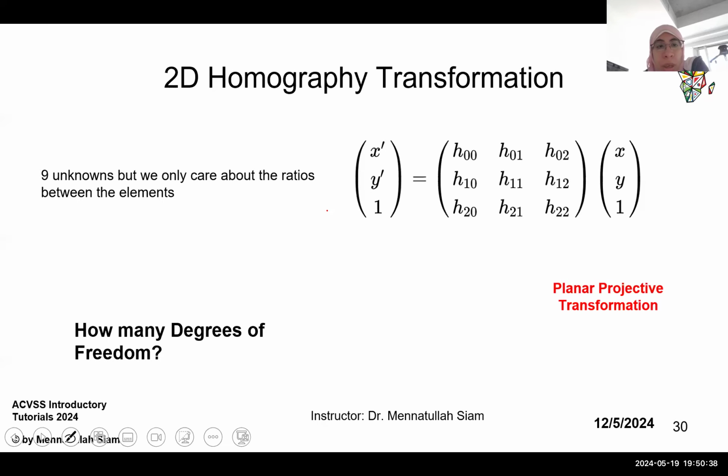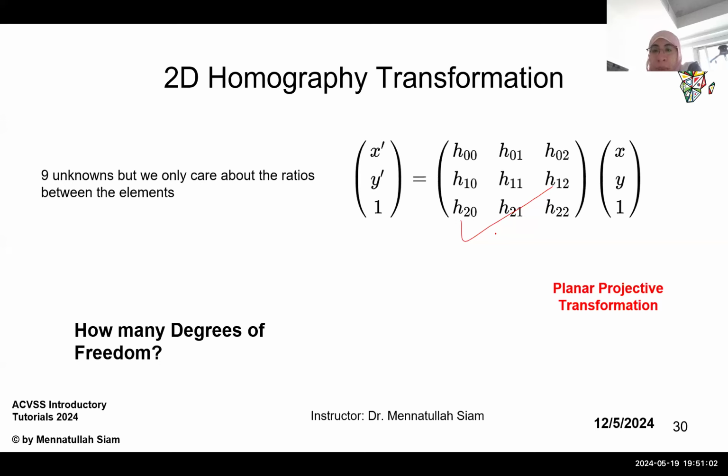So what do you think? How many degrees of freedom does this matrix have? And that's a trick question. I know it might look obvious, but this is actually a trick question. So how many degrees of freedom does a homography have? I mean, the most obvious answer, what would you do?